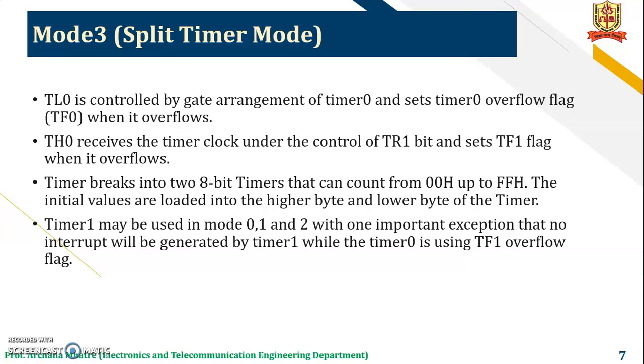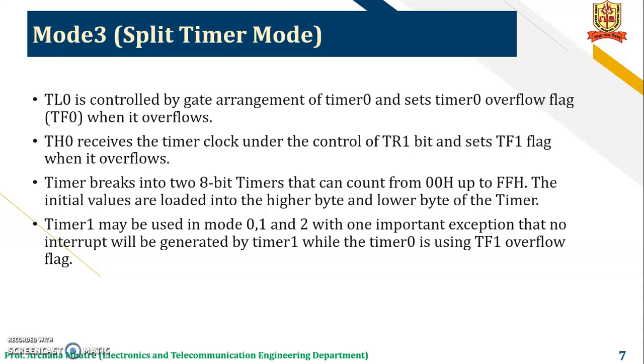TL0 is controlled by the gate arrangement of timer 0 and sets the timer 0 overflow flag TF0 when it overflows. TH0 receives the timer clock under the control of the TR1 bit and sets the TF1 flag when it overflows. The timer breaks into two 8-bit timers that can count from 00H up to FFH.